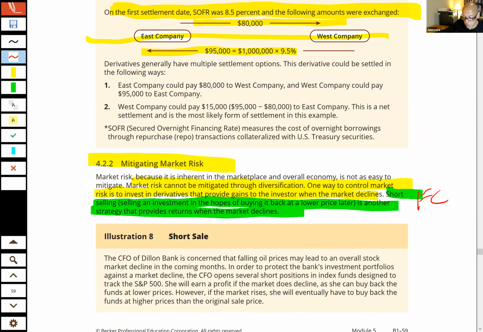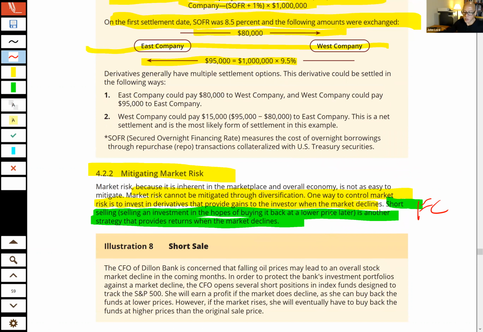Yeah, I mean, it's basically traders sitting there saying, hey, I think the stock price is going to go down. And so they do a short sale. Okay. I'm not sure what's behind the question.